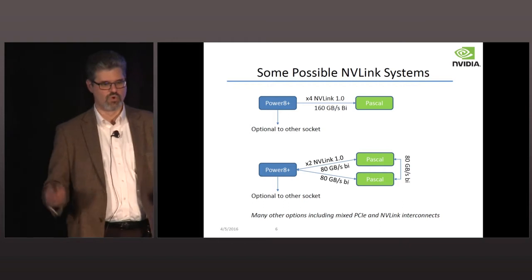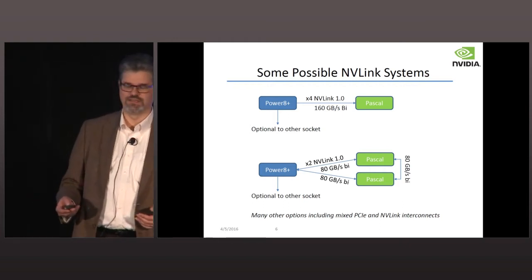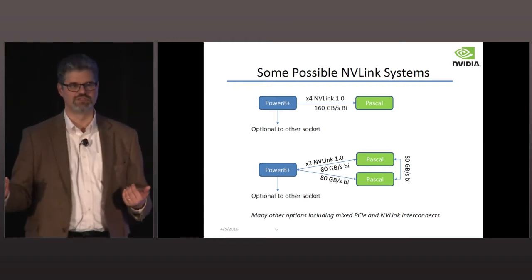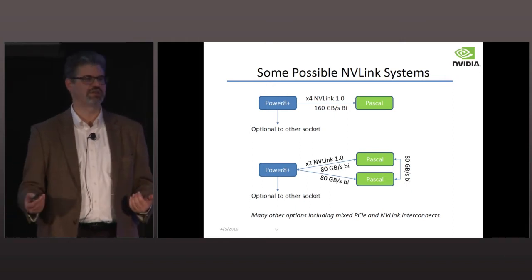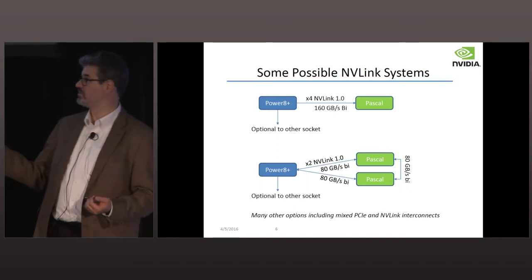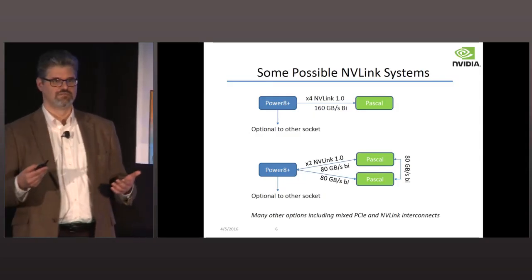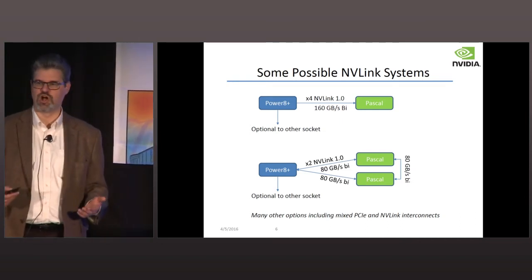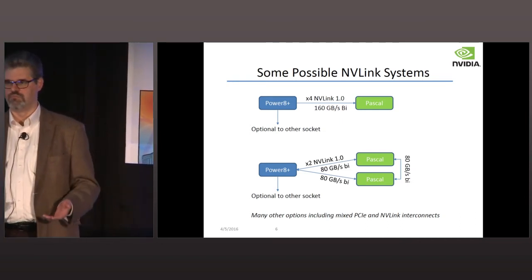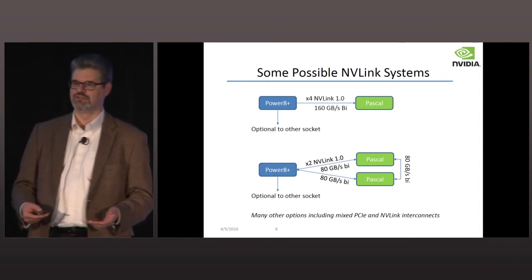But one of the unique things we can do with Power 8 is share that high-performance, high-speed connection. And if you look at something like this bottom option with 2 GPUs attached, each of those GPUs gets 80 gigabytes a second bidirectional bandwidth back to the CPU. This is system memory speed for an awful lot of mid-range systems today.